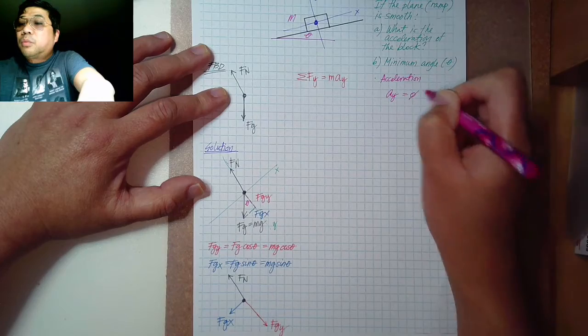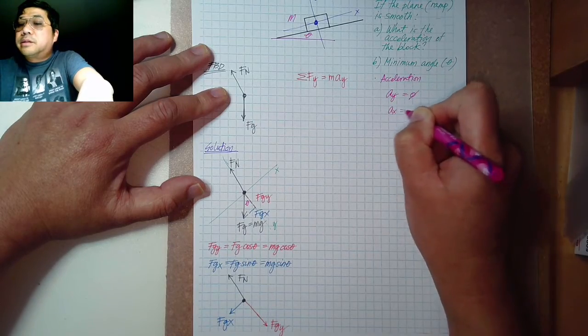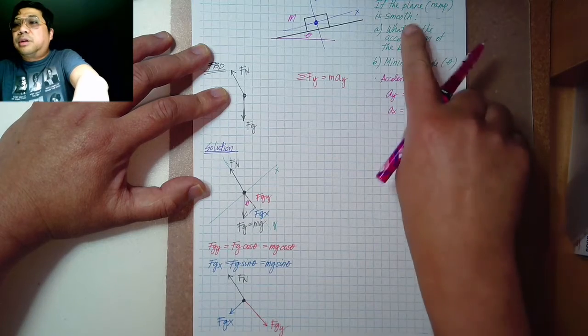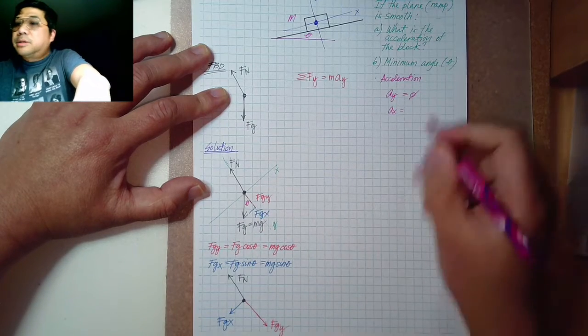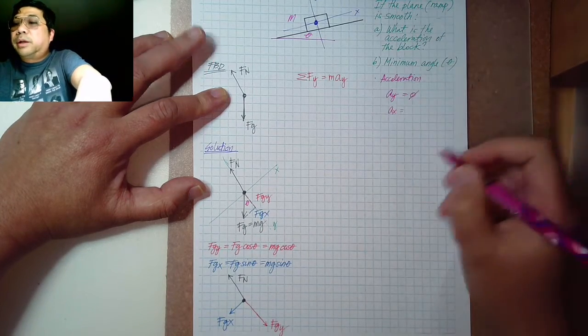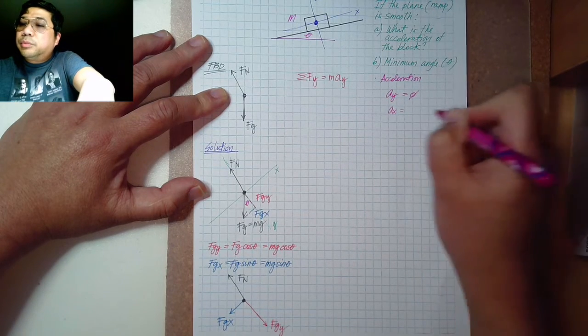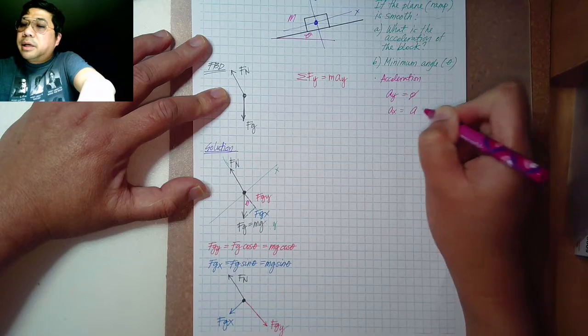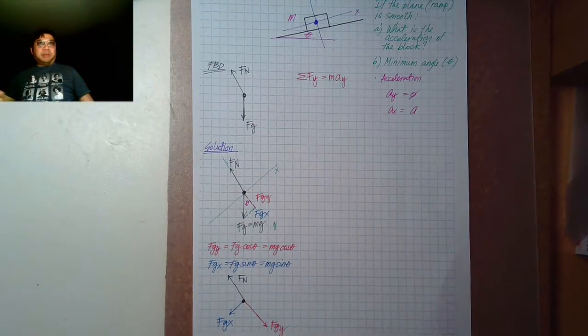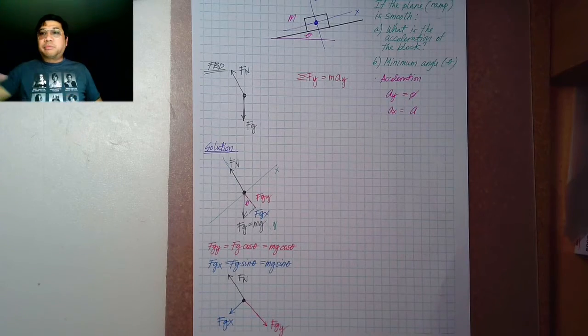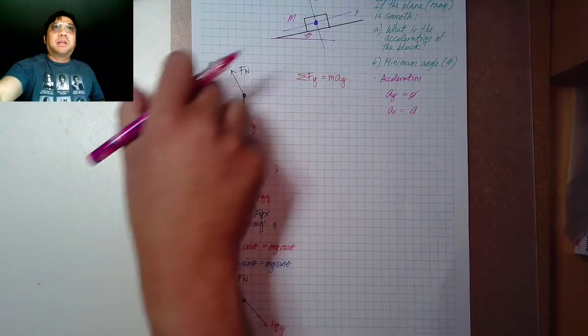There's no movement along the y-axis, so we can say that the acceleration along the y-axis is 0, while along the x-axis, the block will slide down. With the absence of friction, it will be moving towards the left direction. It will be considered A, and since it is increasing from 0, it will start from rest when I place the block and slide on its own.